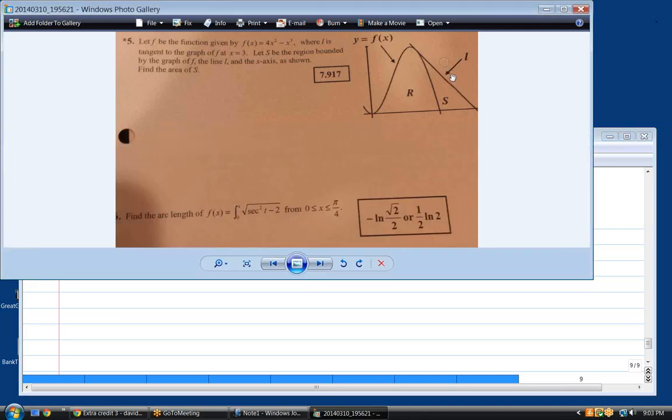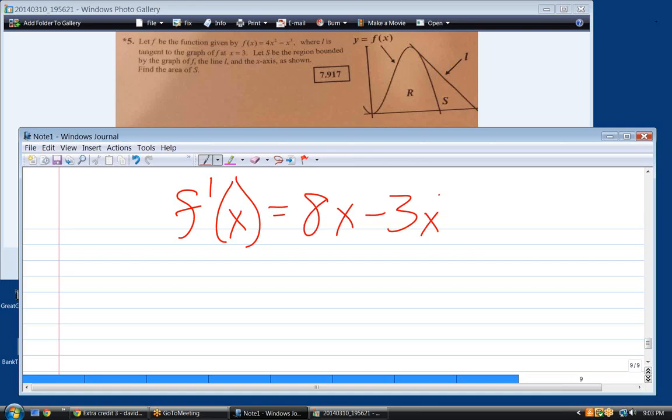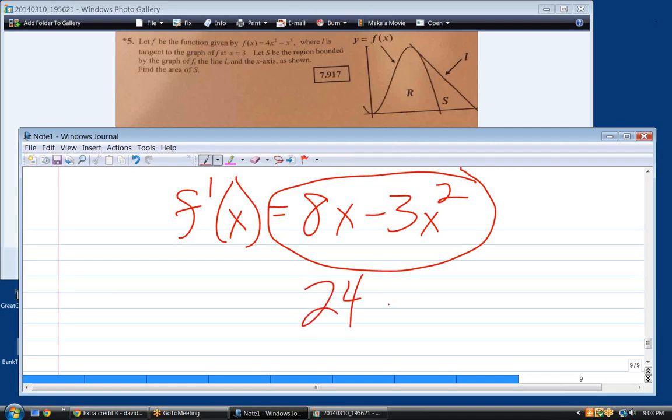How do we come up with the equation of that line? You take the derivative at the point. Okay. So f prime of x is equal to 8x minus 3x squared. So that's the slope. At point 3, we have 24 minus 27.